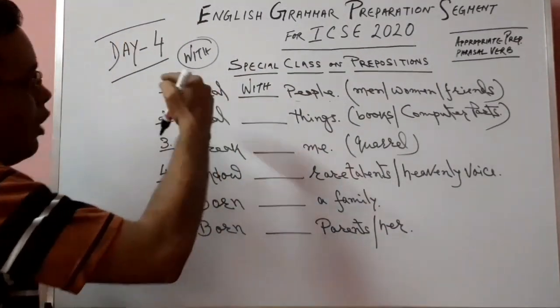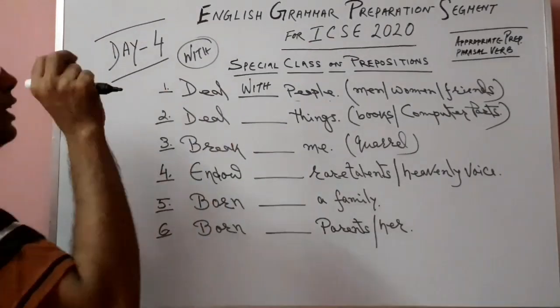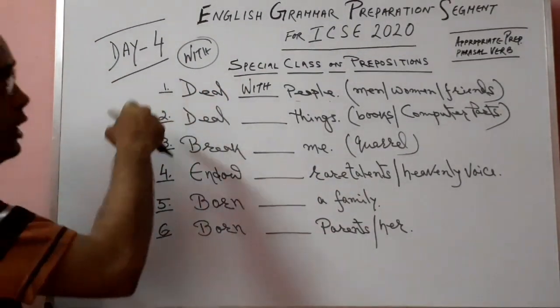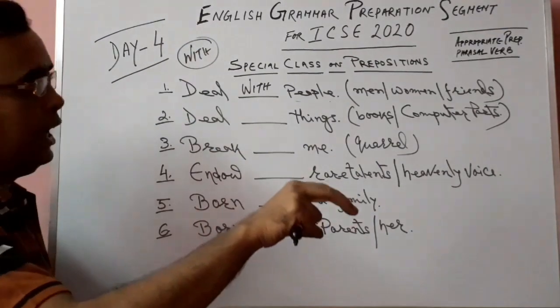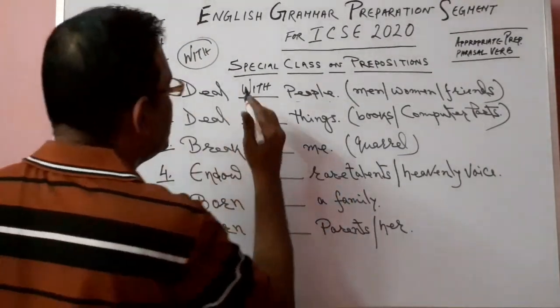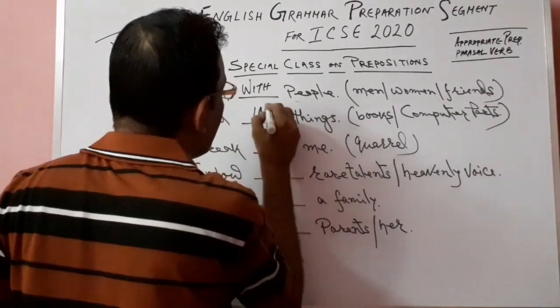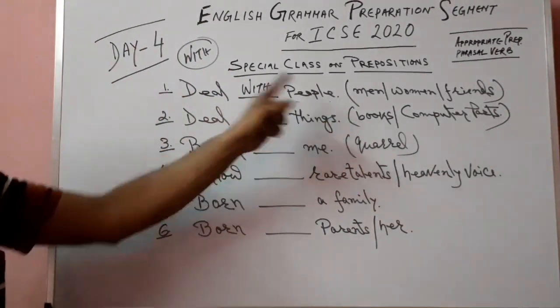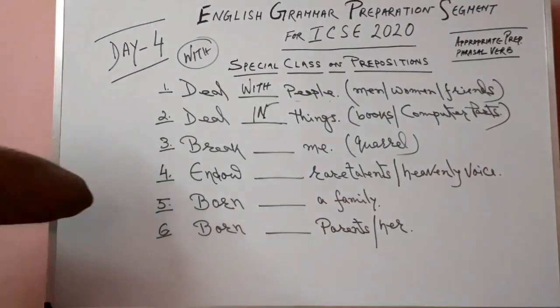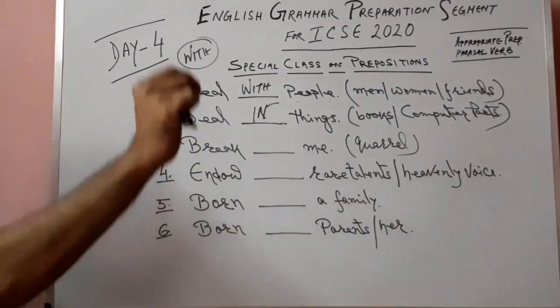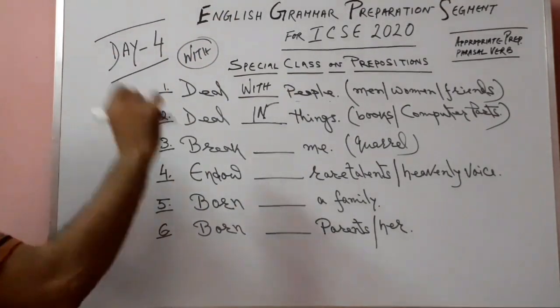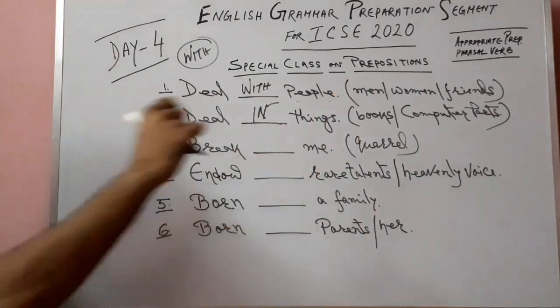After the word deal, if people are there, then we have to use with. But after the word deal, if things are there, then we should use in. Deal in things, that is deal in books, deal in computer parts. He is dealing in computer parts.